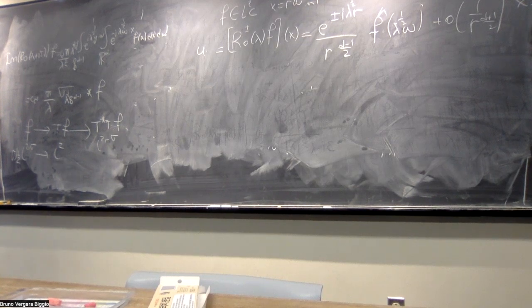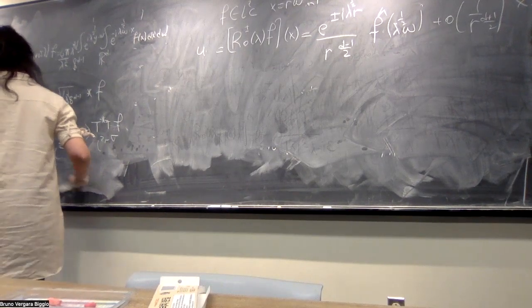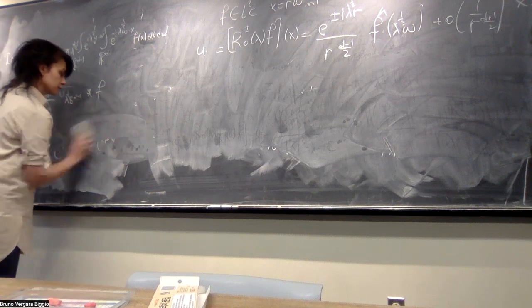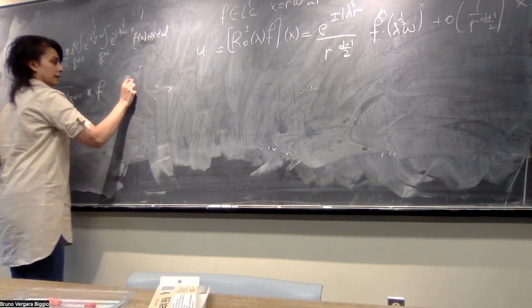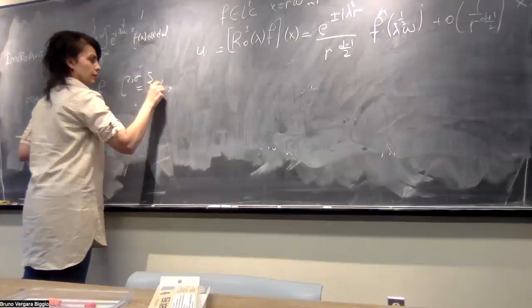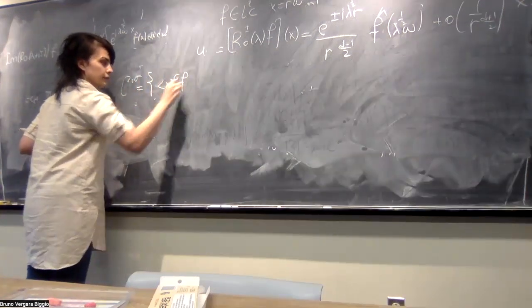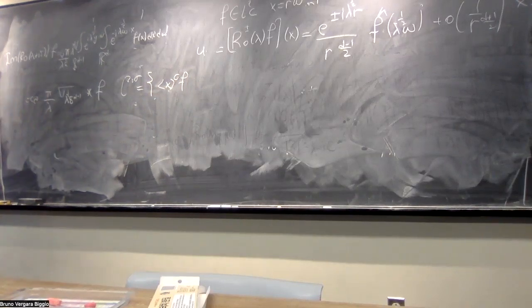Okay, sorry, I missed this notation. So what's L2 sigma? Let me write it. So L2 sigma is the weighted space, x to the sigma f. Is that good enough? Yeah.